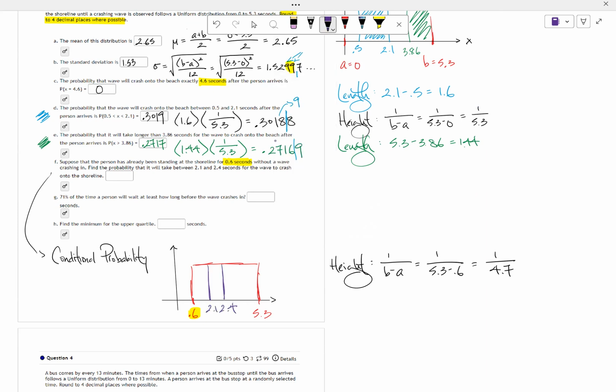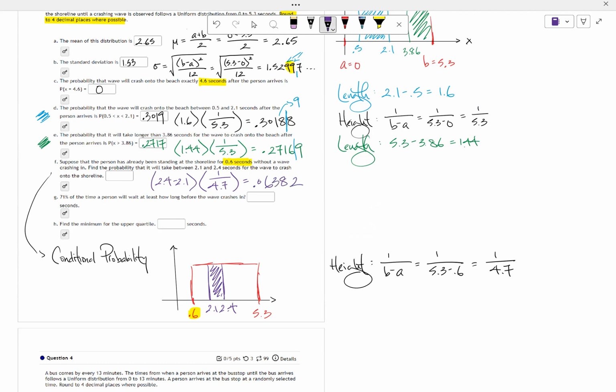So we want to know the area of that rectangle. That is going to be 2.4 minus 2.1, which gives me the length, times the height, which is 1 over 4.7.